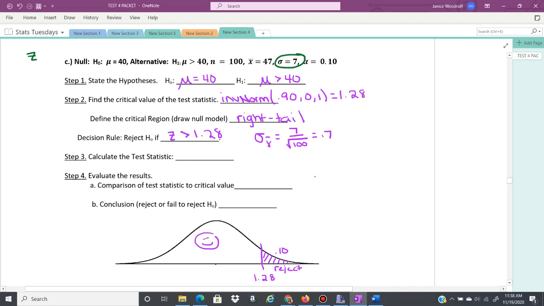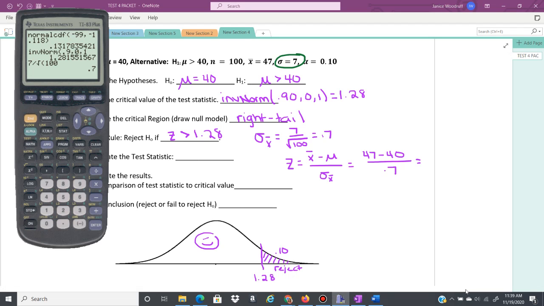Okay, then we will find the test statistic z, which will be x bar minus the mean over the standard deviation of x bar. So 47 minus 40 over 0.7. 47 minus 40 is 7. Divided by 0.7, we get 10.